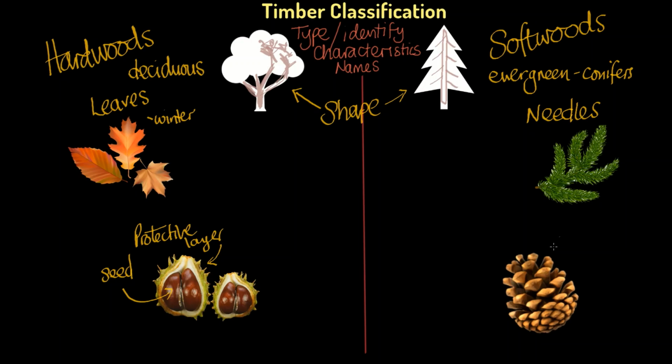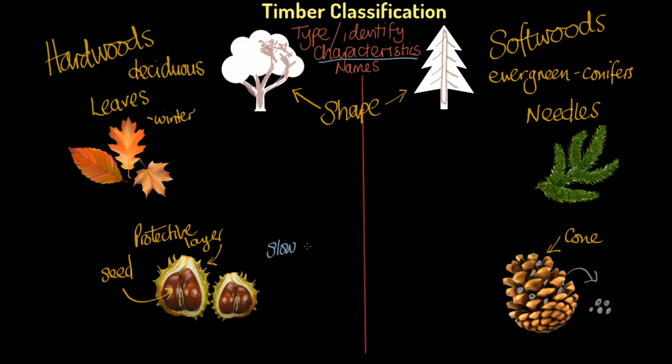In a softwood tree, we find that we've got a cone, but the seeds are inside the cone and they're unprotected. And when the wind blows, the seeds will fall out and they will drop onto the floor in this unprotected state.